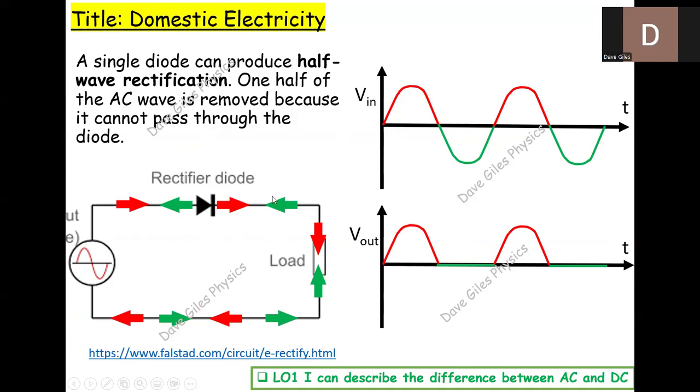When this end is positive, current flows and we get a voltage output. When it's negative, no current flows, so the output goes to zero. So this is a rough form of converting AC to DC, or to use the correct term, rectification.